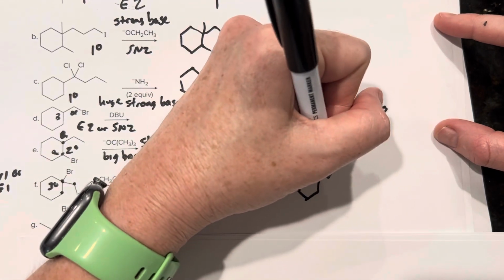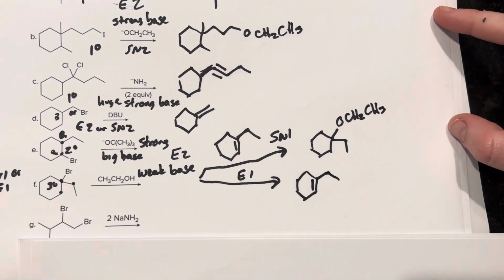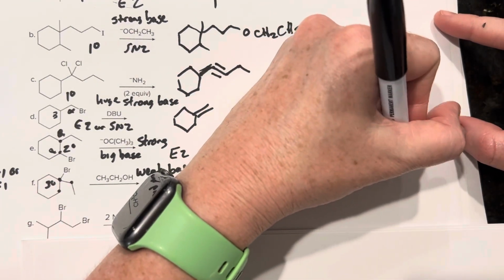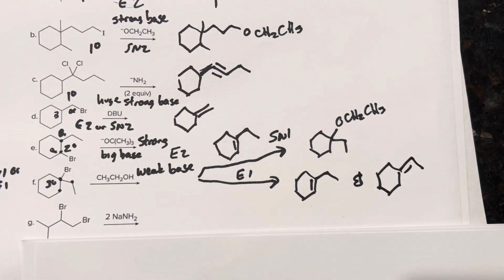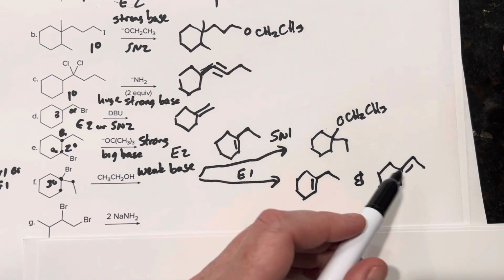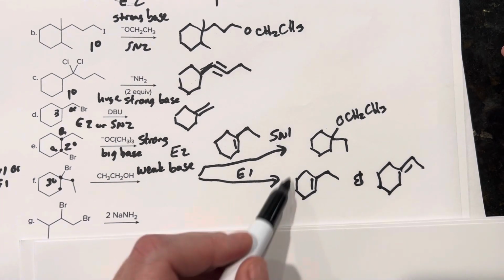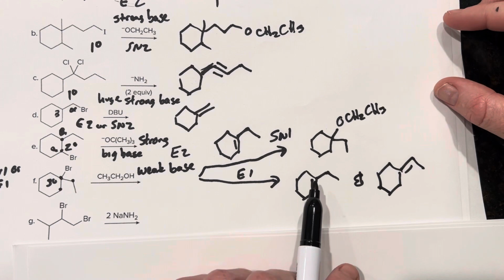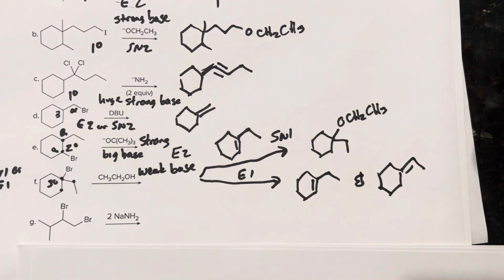And we'll end up with that and that. All right, when I count, I see 1, 2, 3. So this is tri-substituted. 1, 2, 3. This is tri-substituted. I think this one would be more of a major product because it's within a ring, but that would be arguable. They're both tri-substituted.